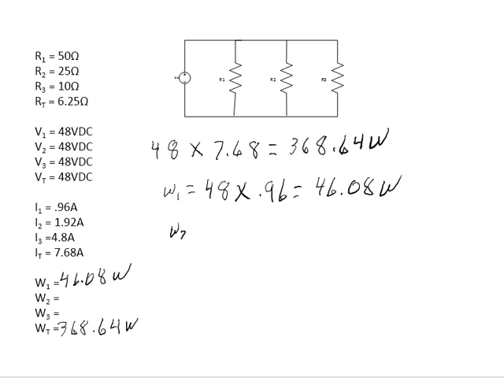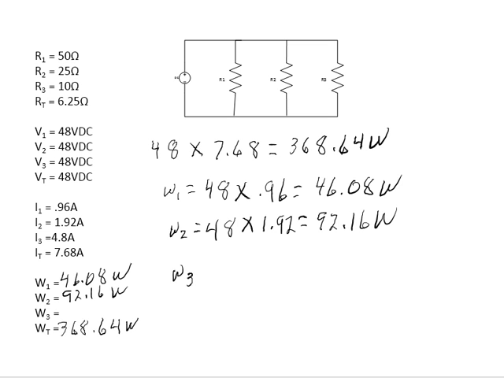For our second one, we'll take that same 48 volts and multiply it by the 1.92 amps for that branch, and that's going to give us 92.16 watts. And then finally, the third one, the 48 volts times the 4.8 amp drop, is going to give us 230.4 watts.